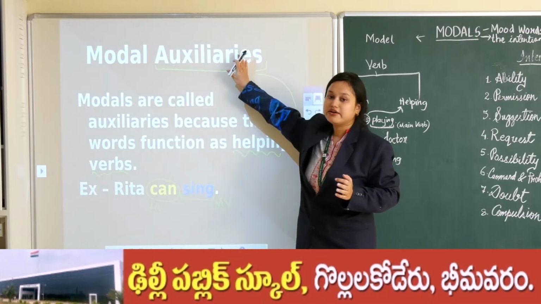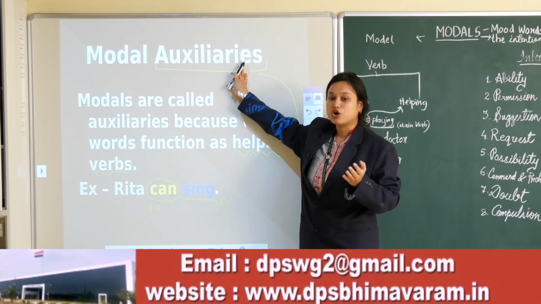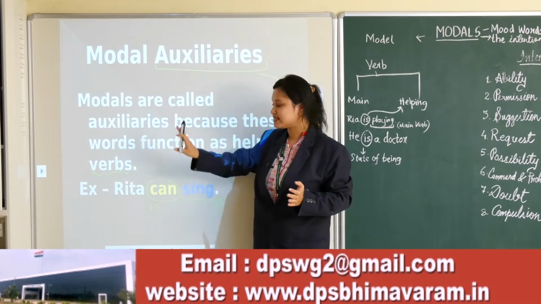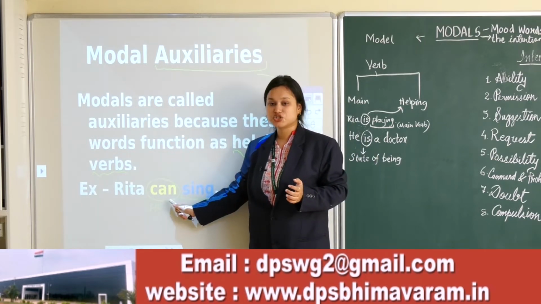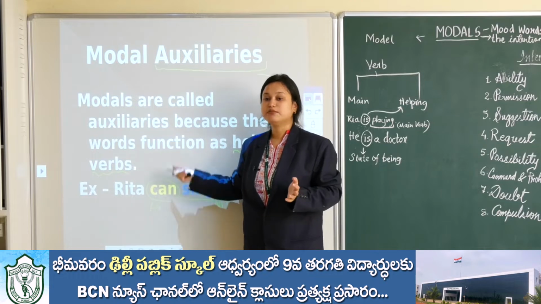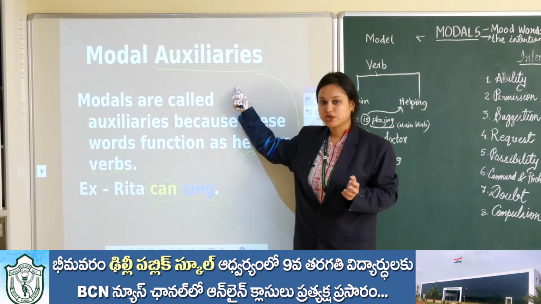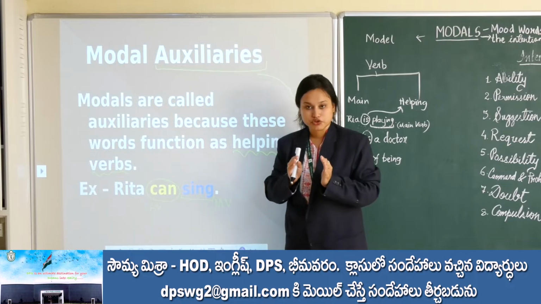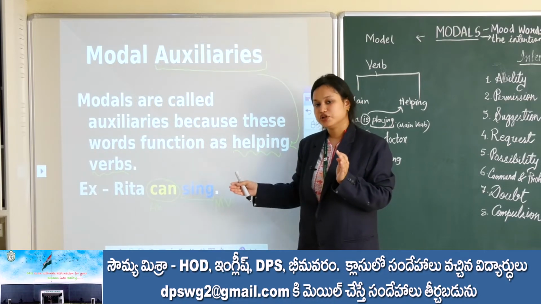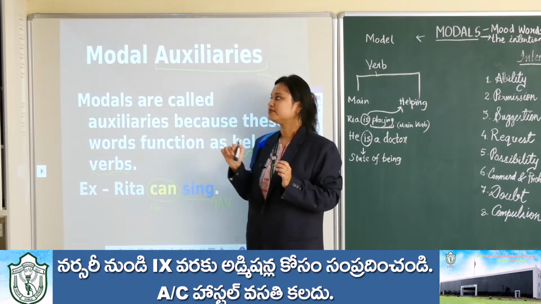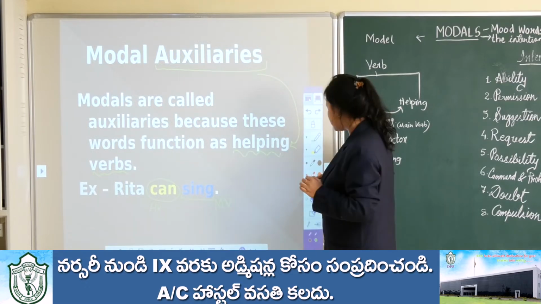So helping verbs are otherwise known as auxiliaries, and because modals function as helping verbs, we say that this is a modal auxiliary. Modals come in a sentence in the place of a helping verb, they function as helping verbs, so we call them modal auxiliaries. Alright, I hope this is clear to you.